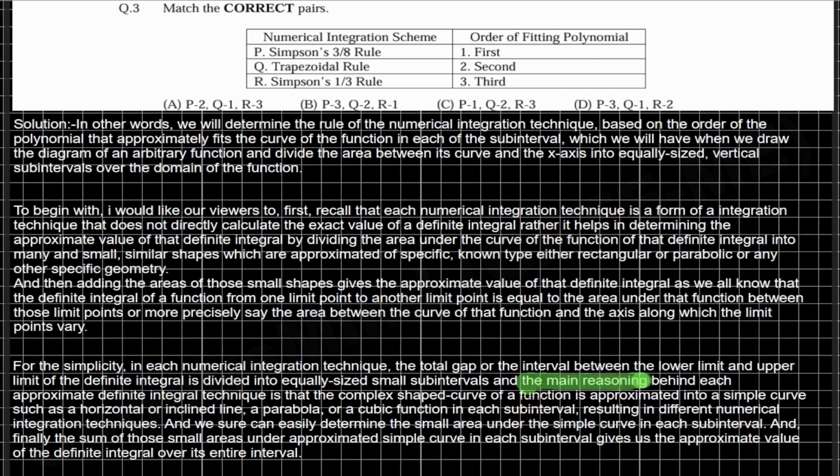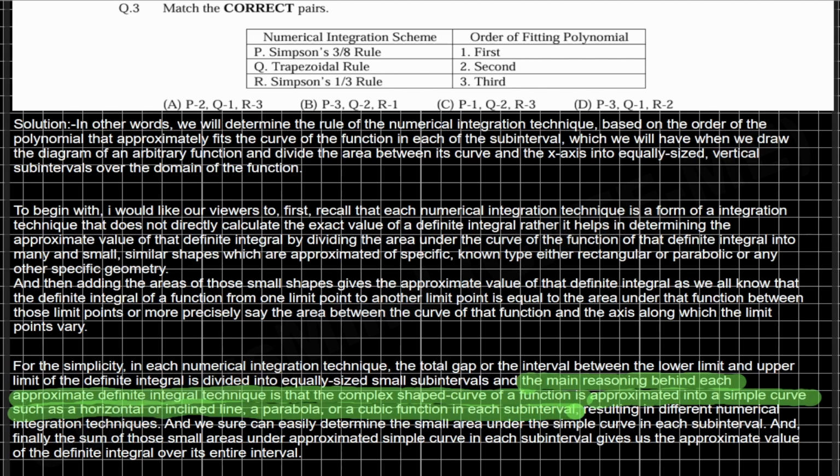The main reasoning behind each approximate definite integral technique is that the complex shaped curve of a function is approximated into a simple curve such as a horizontal or inclined line, a parabola, or a cubic function in each subinterval, resulting in different numerical integration techniques.